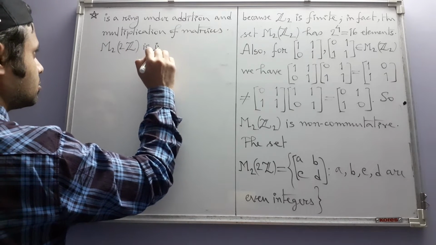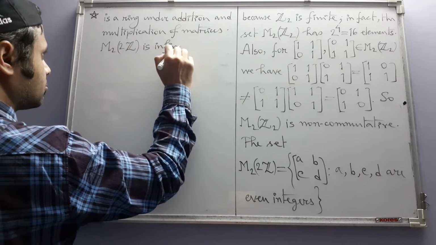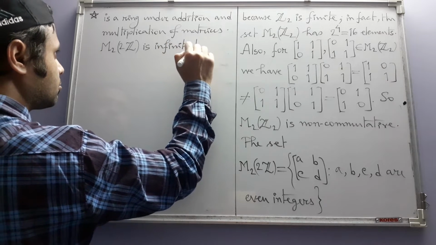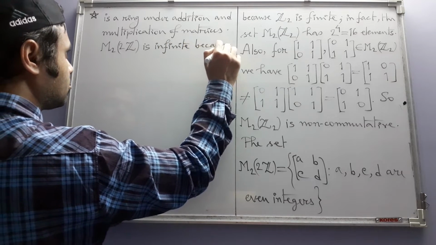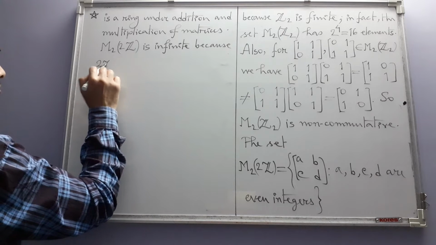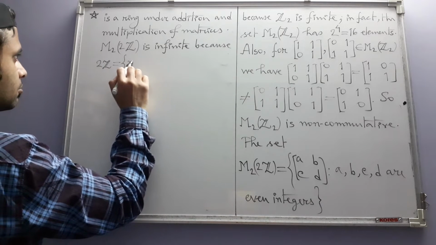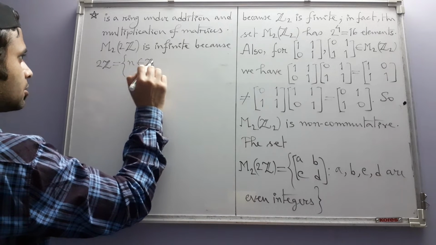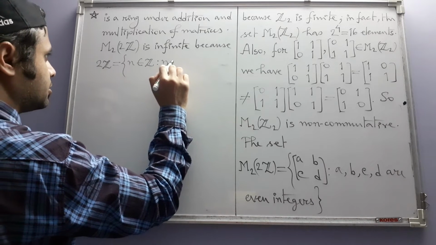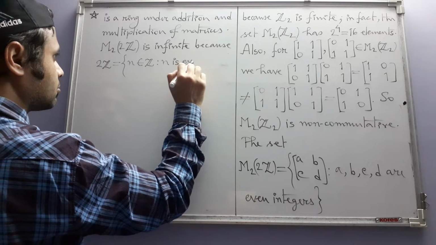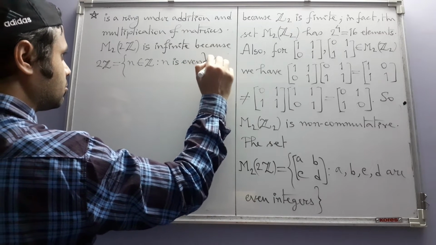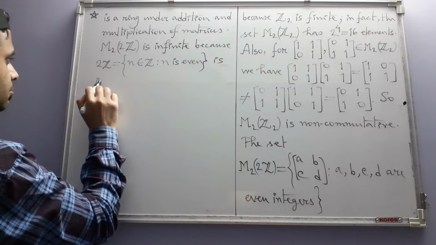This is infinite because the set of even integers is infinite.